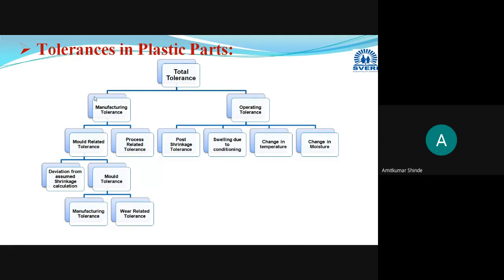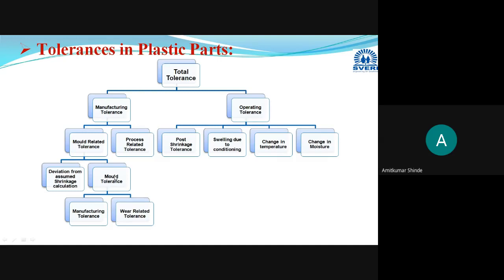And one tolerance is separate mold tolerance, which includes manufacturing and wear tolerance. Okay, in this mold related tolerance, two types will be there. One tolerance which covers the deviation due to the shrinkage, and one tolerance will cover the variation due to the manufacturing and wear. Combinedly it will be covered in the mold tolerance.